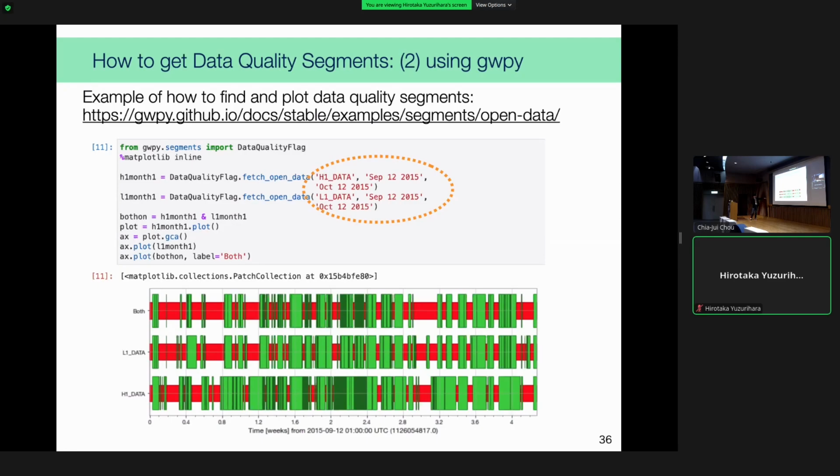This segment bar shows the availability of the LIGO Livingston data and Hanford data. The top one indicates both are available at the same time. So top both means two-detector available data.